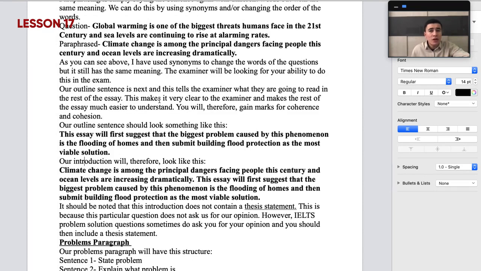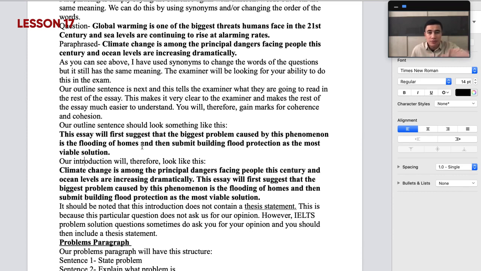Now, the outline sentence is going to be: this essay will first suggest that the biggest problem caused by this phenomenon is the flooding of homes, and then submit building flood protection as the most viable solution.